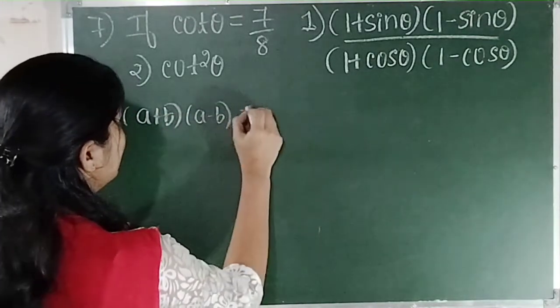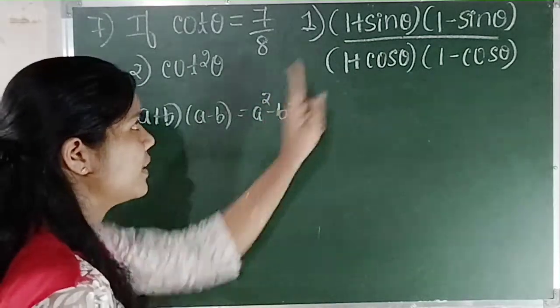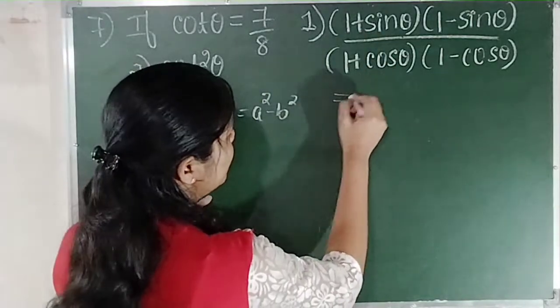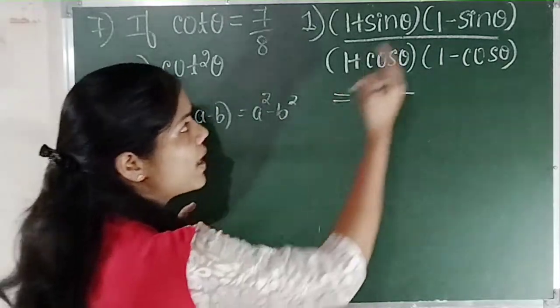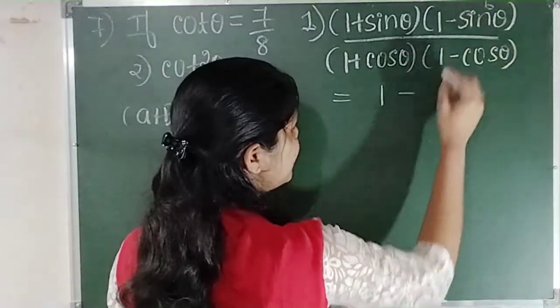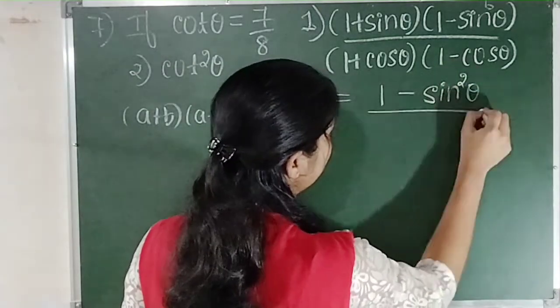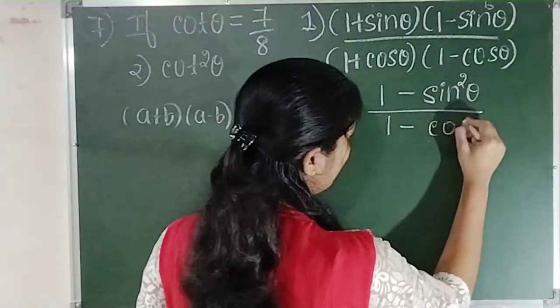That is equal to A square minus B square. Here A is nothing but 1 and B is nothing but sin theta. So this is equal to 1 square, that is 1, minus sin square theta. Similarly, in the denominator, 1 minus cos square theta.